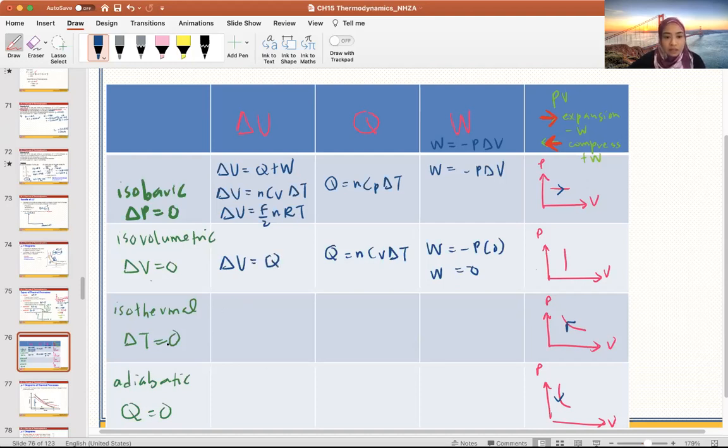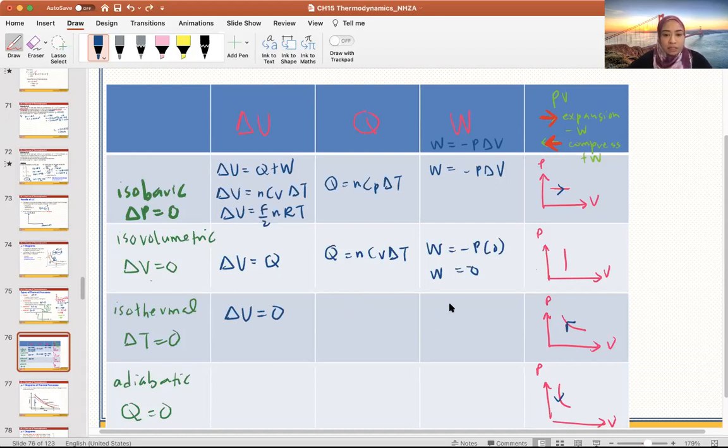Okay, and then isothermal, delta T is equal to 0. I have delta T in my delta U equation, which means that my delta U is equal to 0 for an isothermal. For Q goes to 0. Wait, Q is 0. No, Q is not 0.